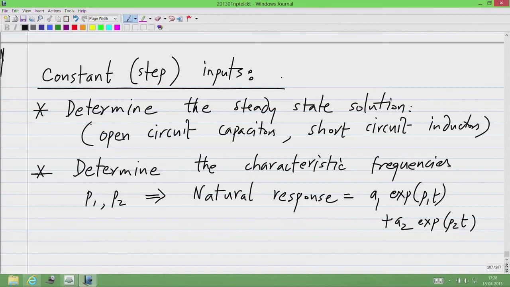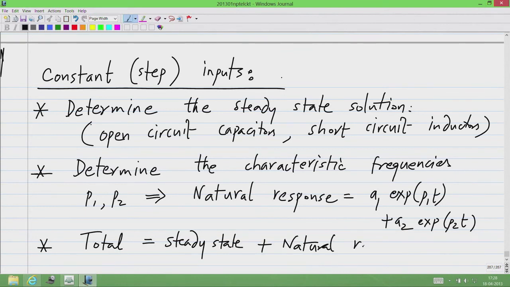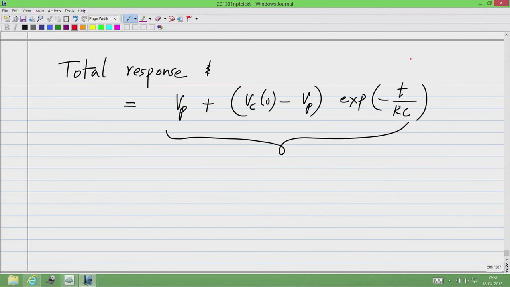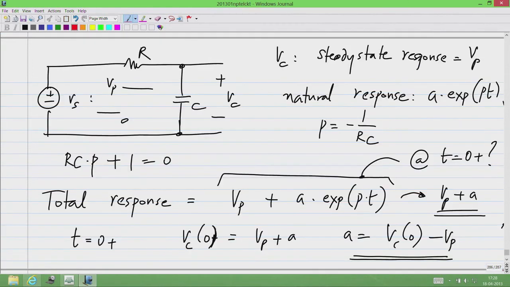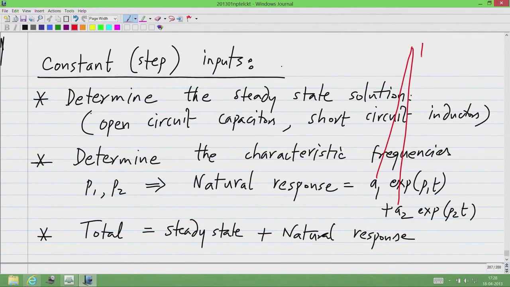And finally, the total response will be steady state plus natural response, and you will have to determine these two constants A1 and A2, which you do based on initial conditions. So, this I showed for a first order system. Exactly the same thing is true for a second order system.